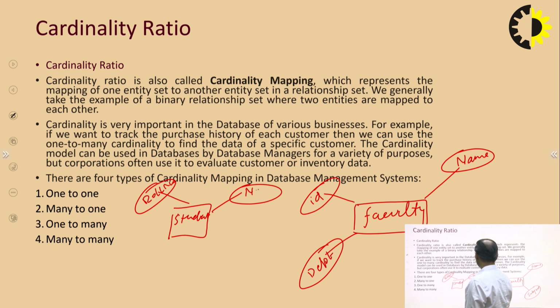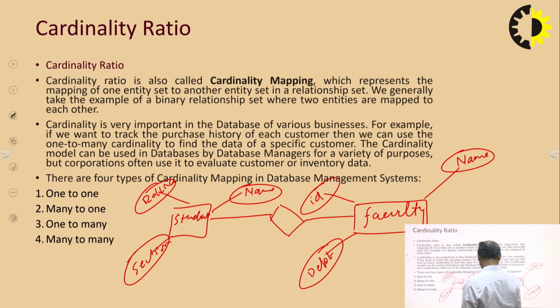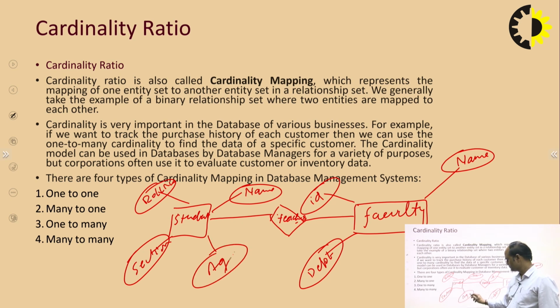Here is the name, here is the section, and this can be connected by the diamond shape to the faculty. Faculty teaches the student. This is one ER diagram for the two entities, faculty and student. We can easily draw that diagram.